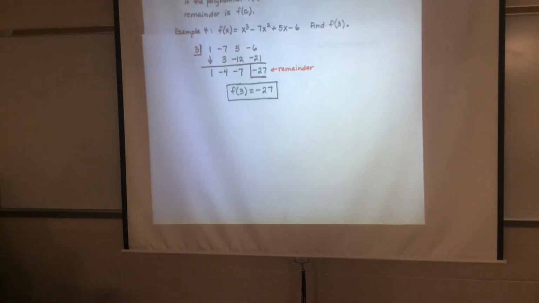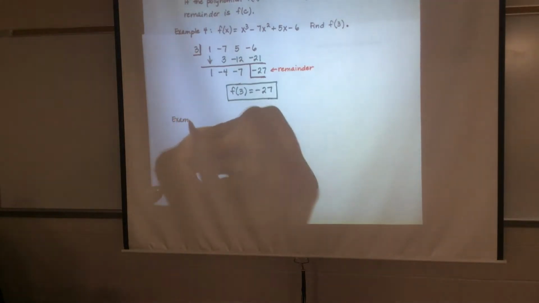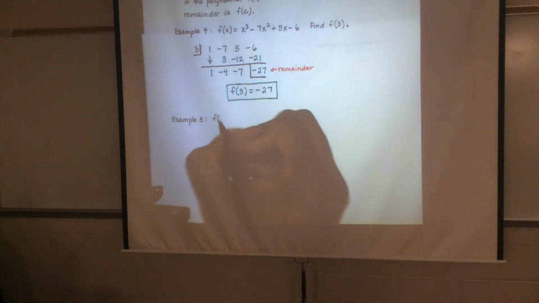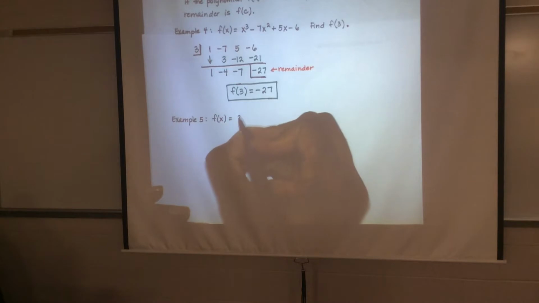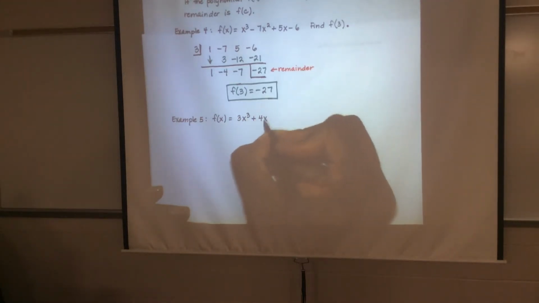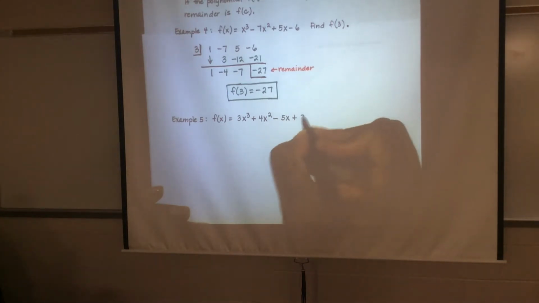Okay, example 5. Let's say we got f of x is equal to 3x cubed plus 4x squared minus 5x plus 3.